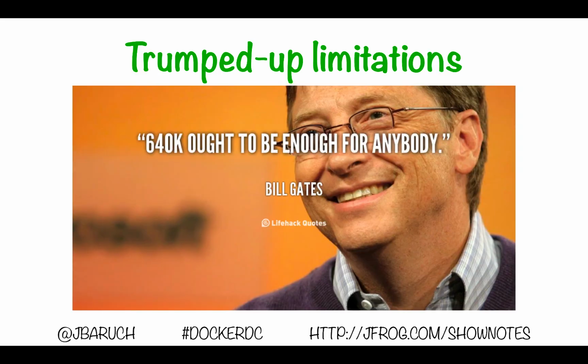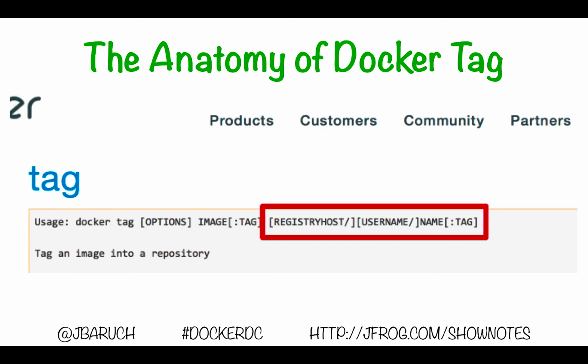With Docker, it's not as easy as it should be, and as it is in other technology, and that's because we have pretty trumped up, this guy again, limitations. Something that does not really have to be, but it is. And with Docker, the problem is the Docker tag syntax, the Docker tag standard.